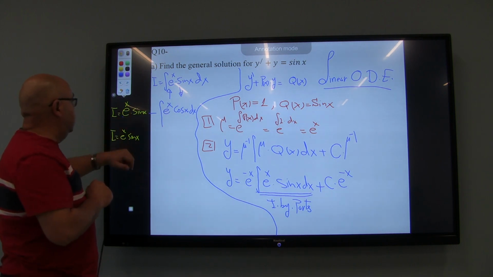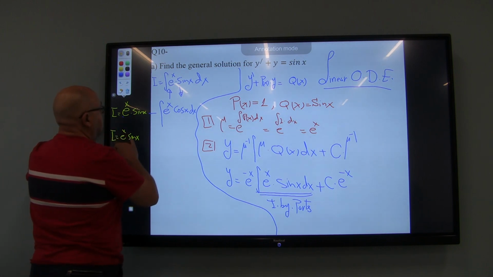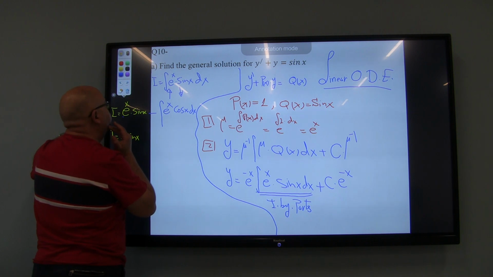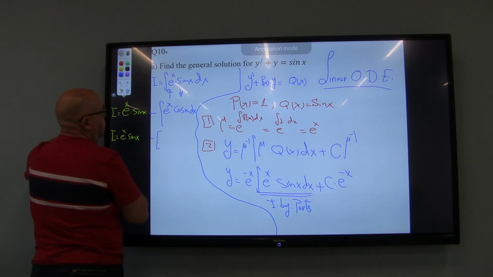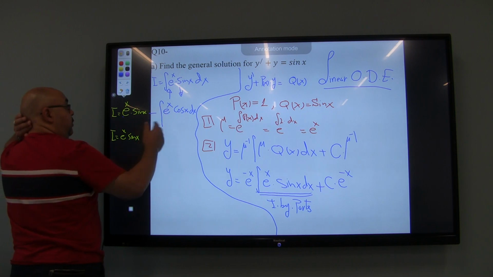Then the integral will appear here, which is e power x, integrated sin x, minus e power x times the differential of sin x, and cosine. I will apply it once more. I choose e power x to integrate.